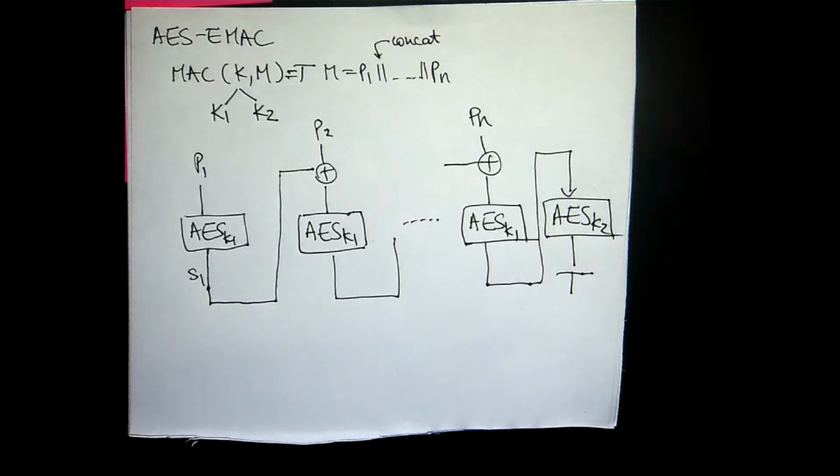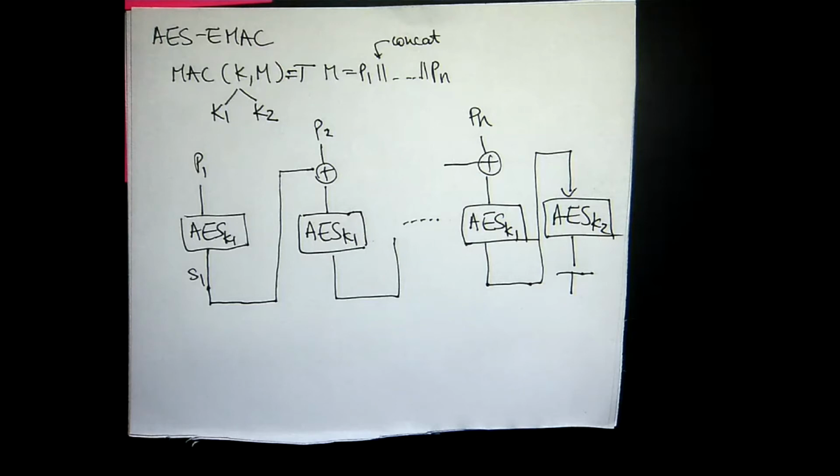So now a few questions. One question is, this is a MAC, right? It's meant to be existentially unforgeable. No attacker should be able to forge the MAC for a new message for which they have not seen a MAC. But is it collision resistant?